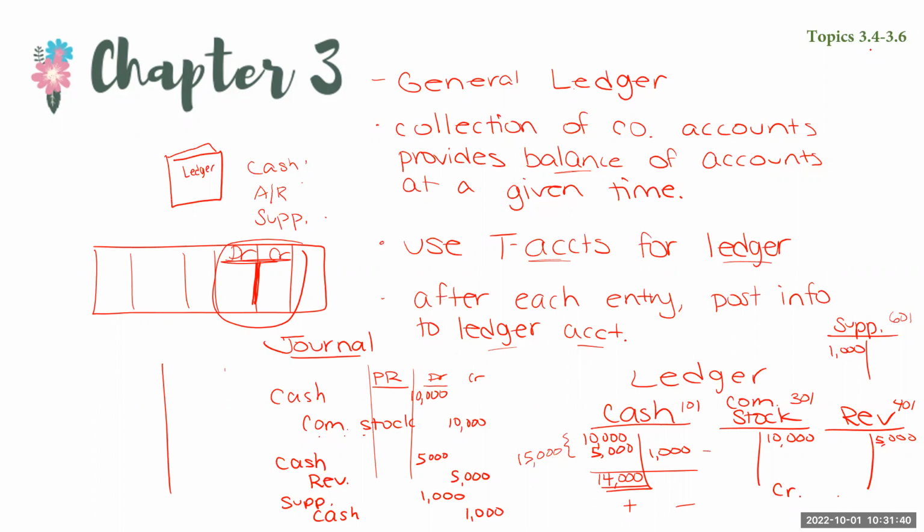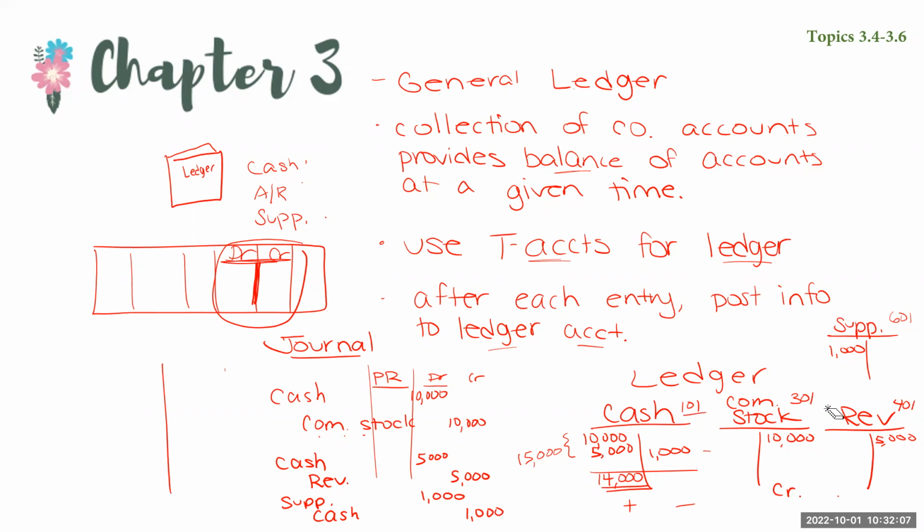I know it's in here. Ah, there it is. It's in topic 3.2. So in 3.2, you can read how they come up with these numbers. It's a little educational thing to know, but for now in the homework, they're going to give you these numbers.